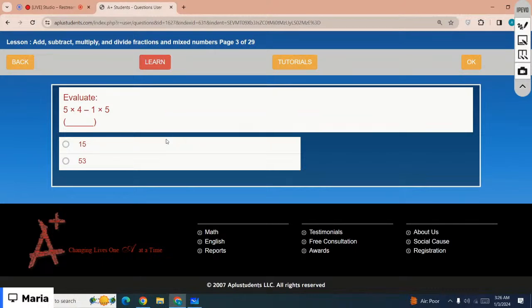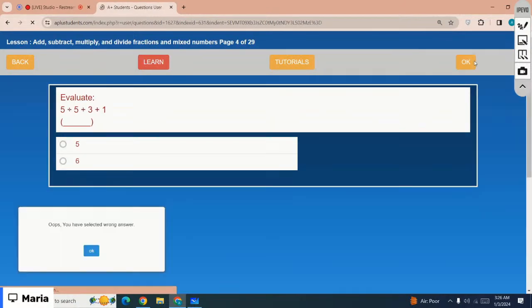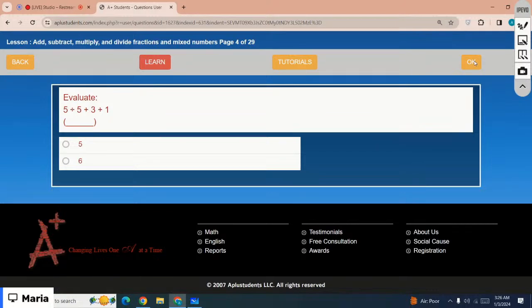Yes, it is 15. Very good. You have to do 5 times 4 first, and 5 times 5, then you have to subtract. Very good. The next one is evaluate 5 divided by 5 plus 3 plus 1, which is the correct option.